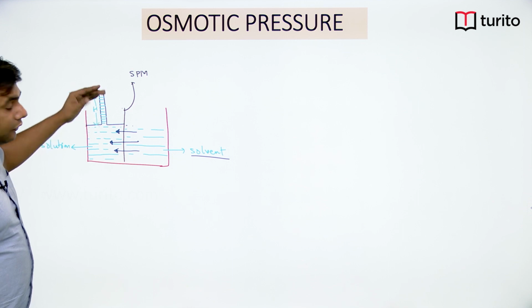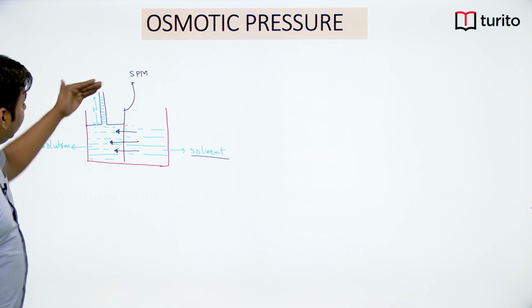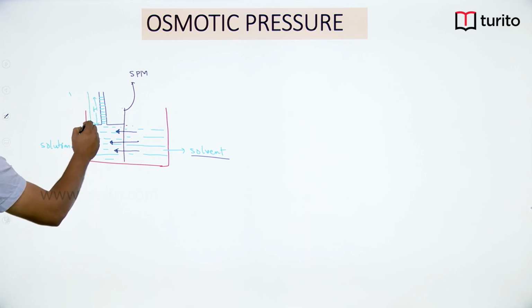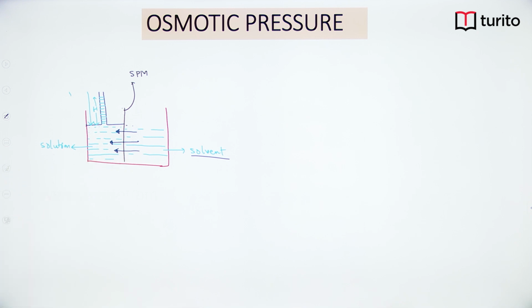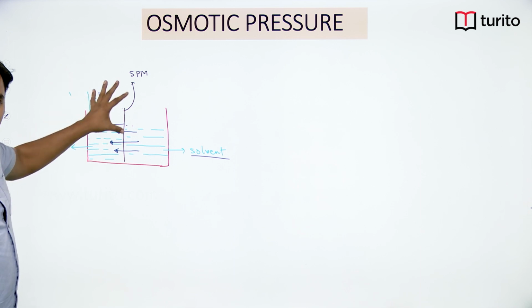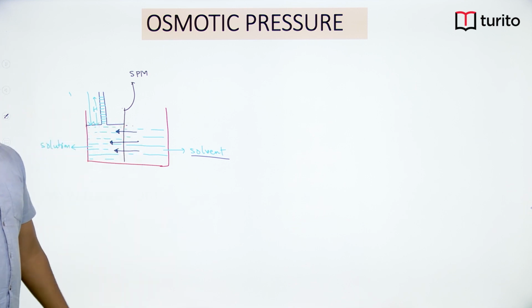This h height of liquid will exert hydrostatic pressure on the surface of this liquid. Now when this pressure becomes equal to the pressure through which the solvent molecules are coming, then we'll say that osmosis would stop. So this hydrostatic pressure developed over the solution when the solvent particles are moving from one side to the other is known as osmotic pressure.